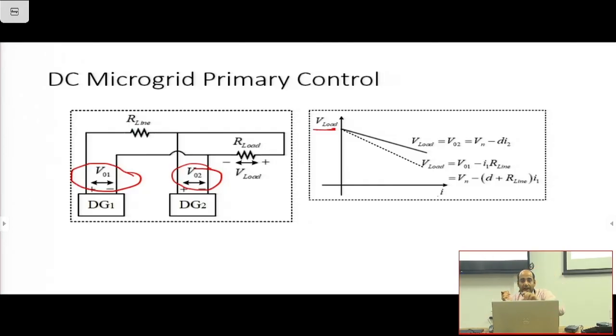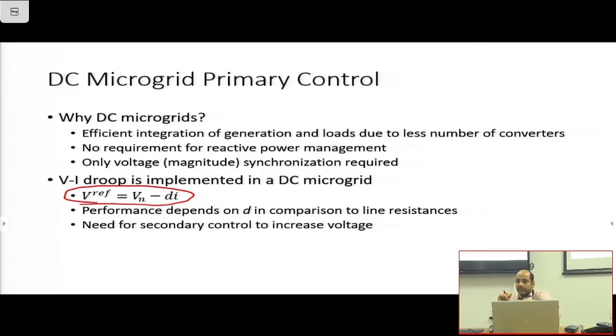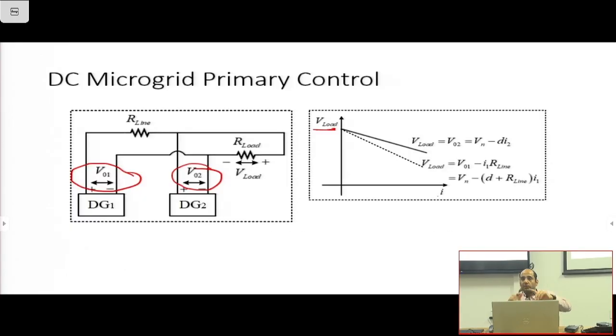And VO1 and VO2 themselves have the droop equation, V nominal minus D I. So effectively, for the first source, it will be V nominal minus D I minus R line I. For the second, it will be just V nominal minus D I.